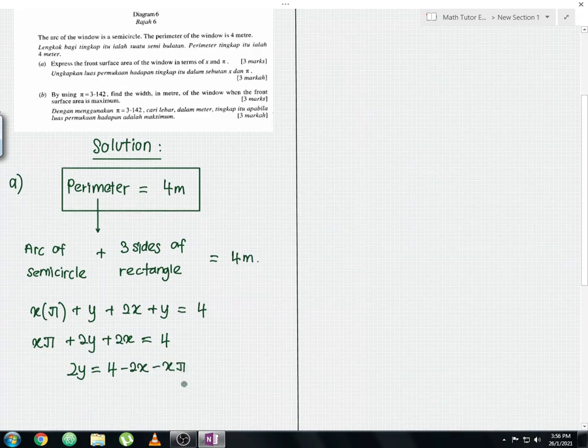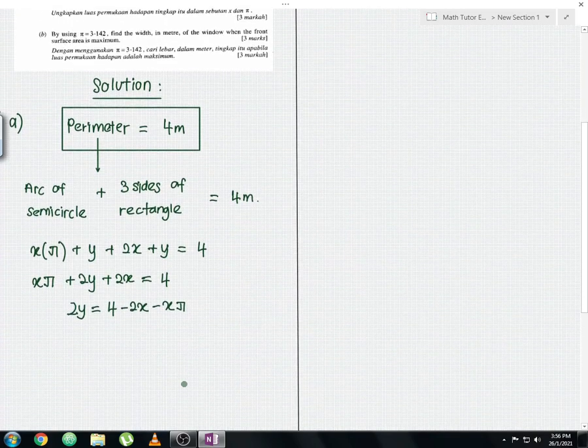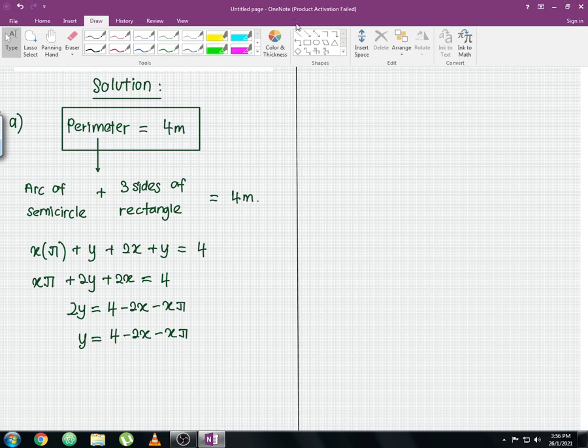So this is your value of 2y. To find y, we take 4 minus 2x minus x pi, and divide by 2. So from here y will be equals to, let me copy paste this, and then you divide the whole expression by 2.